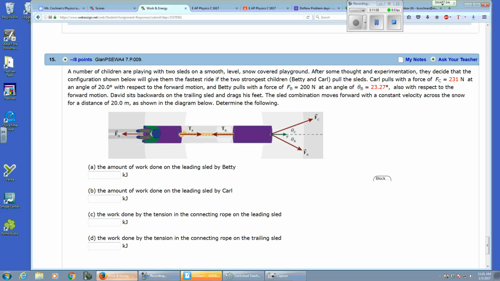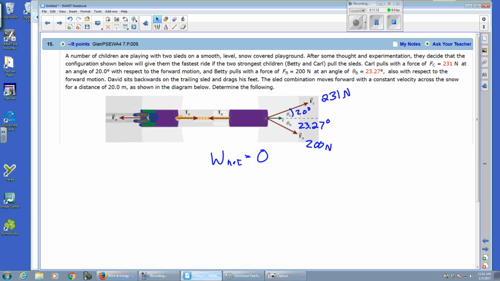So, let's go through and figure out. Hopefully pretty straightforward. We're doing W equals F dot delta d.